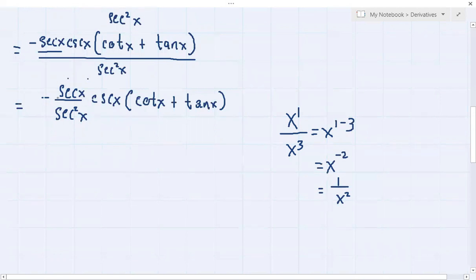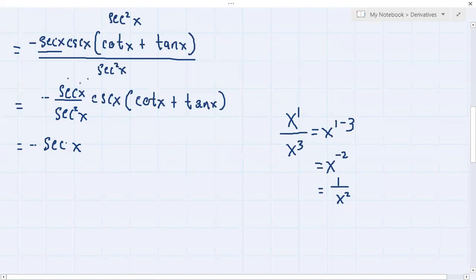Okay? So ganun gagawin natin dito. Since we have secant x sa taas and secant squared sa baba, we will apply this rule na exponent. So ang mangyayari dyan, we will have negative secant x. Tapos, we will subtract their exponents.